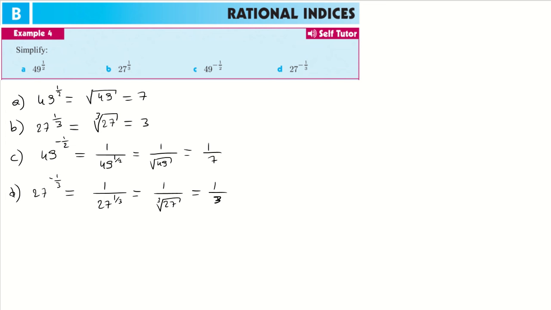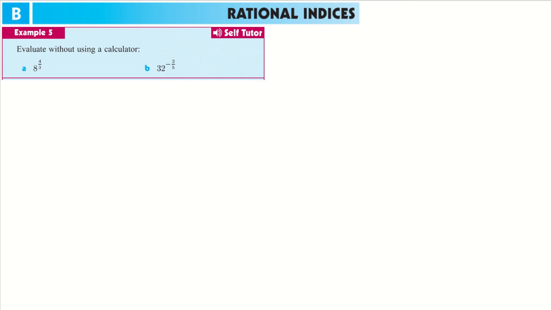Let's go to example 5. Those are a bit more complicated, so evaluate without using a calculator. So we have 8 to the power of 4 over 3. Okay, when I see that, I see here a 3 in the denominator, and 8 I can write down as 2 to the power of 3. Let's first copy the question.